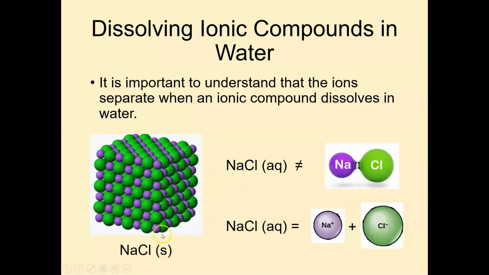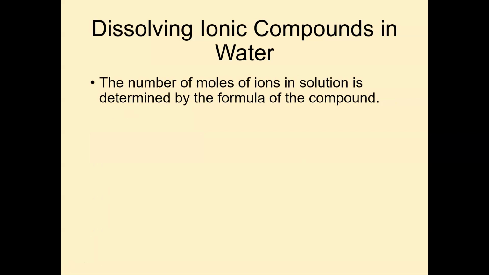So this is solid sodium chloride. Aqueous sodium chloride is not sodium chloride molecules floating around in solution. There's no such thing. What it is, is sodium ions and chloride ions floating around in solution. And so we can write that.